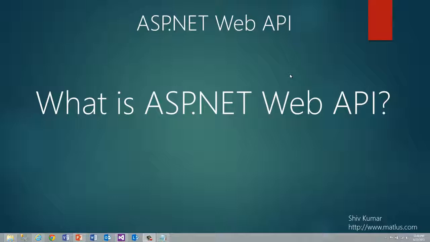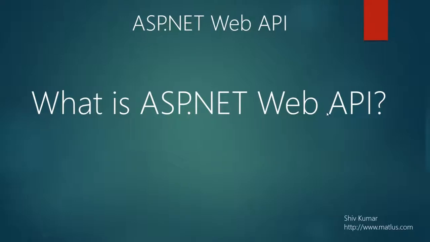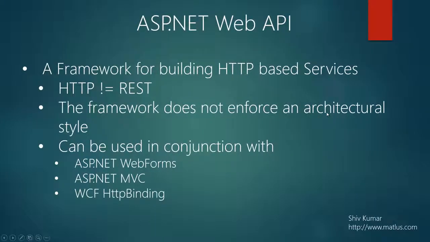So what is ASP.NET Web API? ASP.NET Web API is a toolkit that allows us to build HTTP based services. Now some people think HTTP and REST are one and the same, and they could be. In my mind, REST is a subset of HTTP.